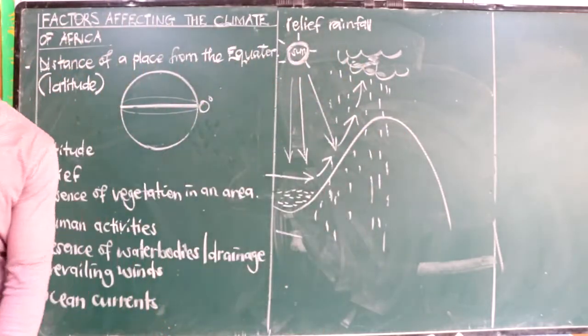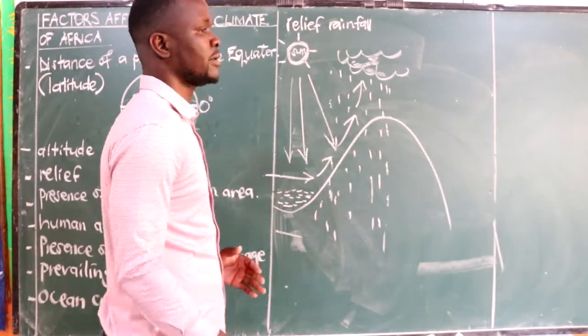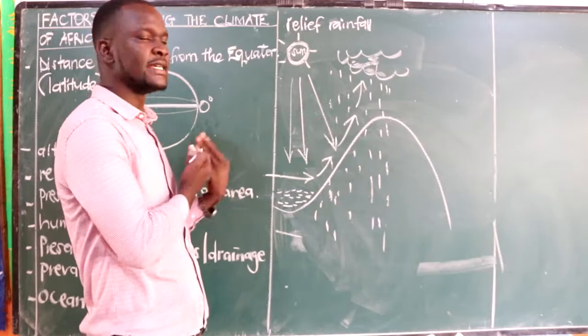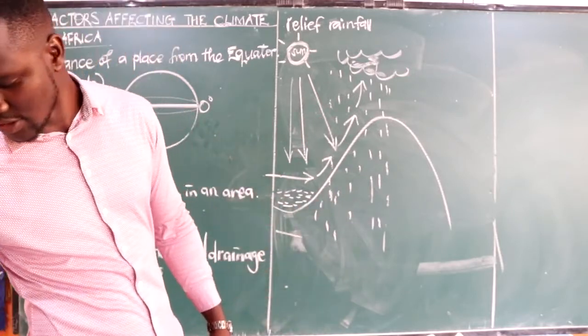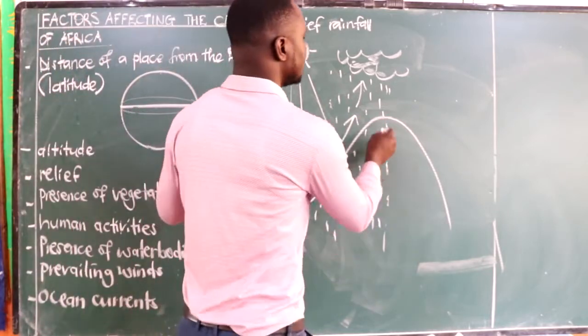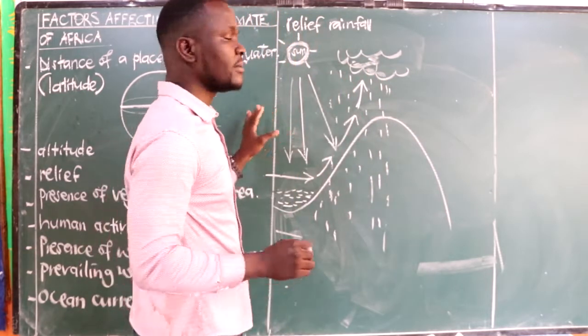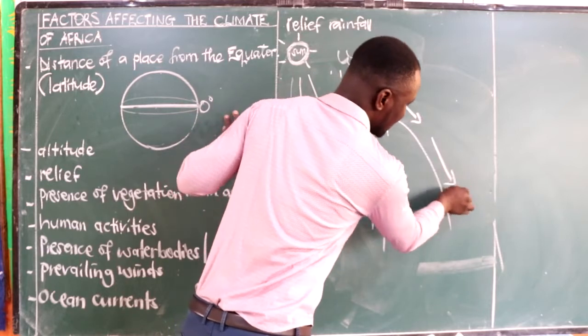So what we also need to see is that in the formation of this type of rainfall, the climate is modified on one side of the mountain, whereas the other side of the mountain does not receive rain. Reason being, when this wind loses the moisture, it now becomes dry, and therefore it descends to the other side.